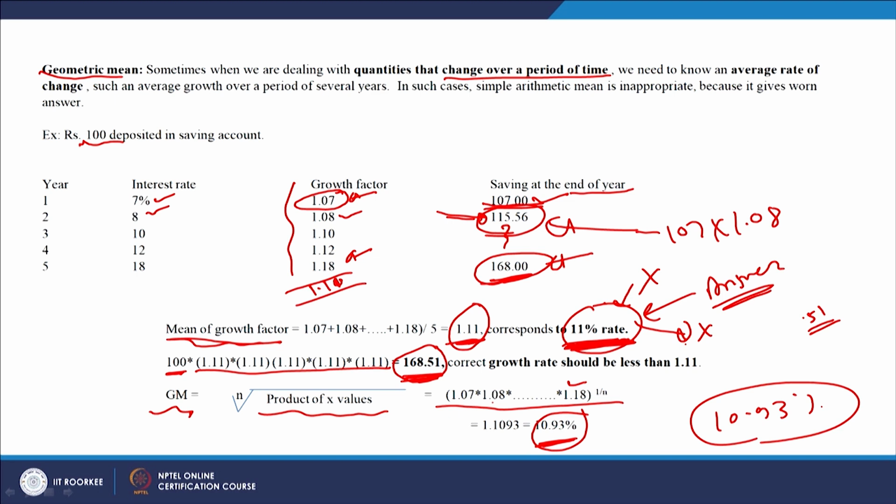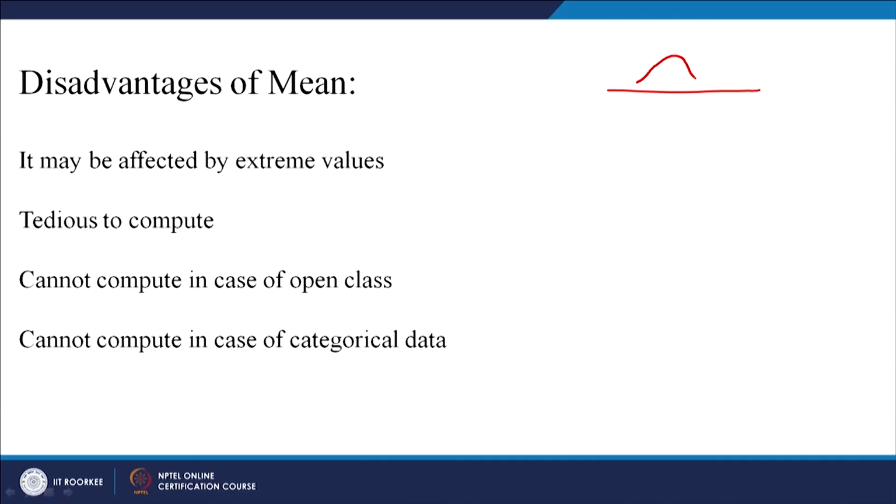So, we have seen weighted mean, arithmetic mean and geometric mean. Now, why are we doing all these things? Because we are measuring central tendency, right, is it not? We are measuring that point where the distribution rests, right. Now, we have seen mean.